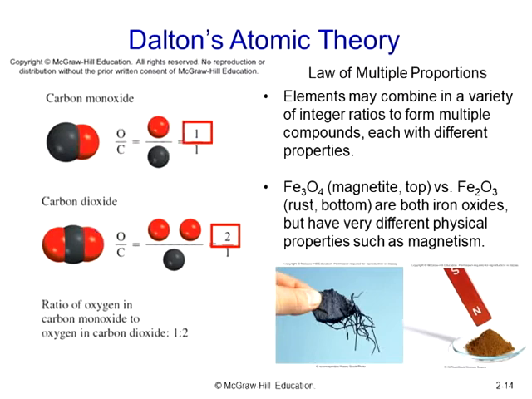For example, iron can combine with oxygen and give us Fe3O4, or it can combine to give us Fe2O3. One form is a magnet. The other form is rust. And that's the important principle that we get to take home from this.